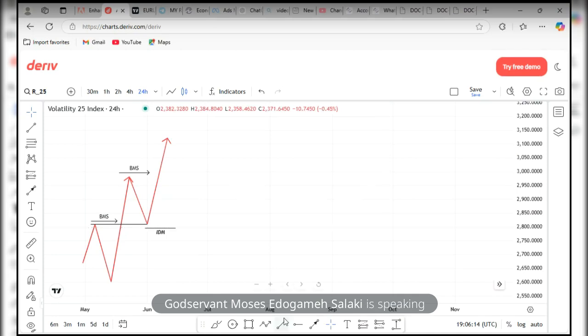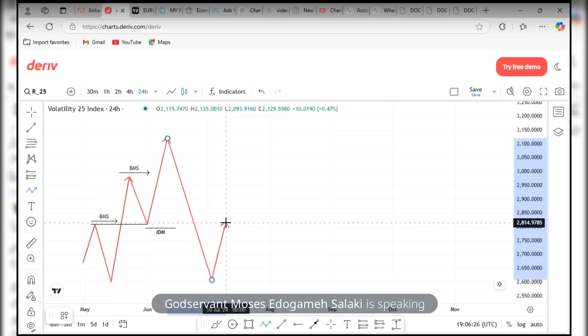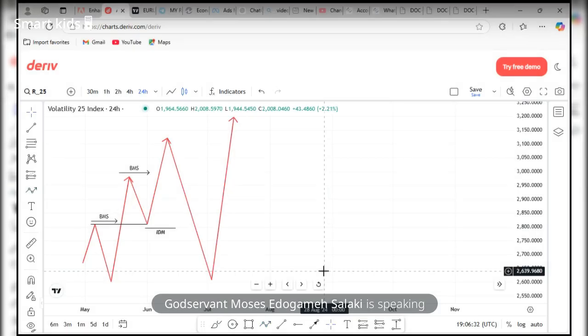So this is what the play is always all about. And when price is coming, we expect price to come to maybe this level. This is the move that price always makes, always.